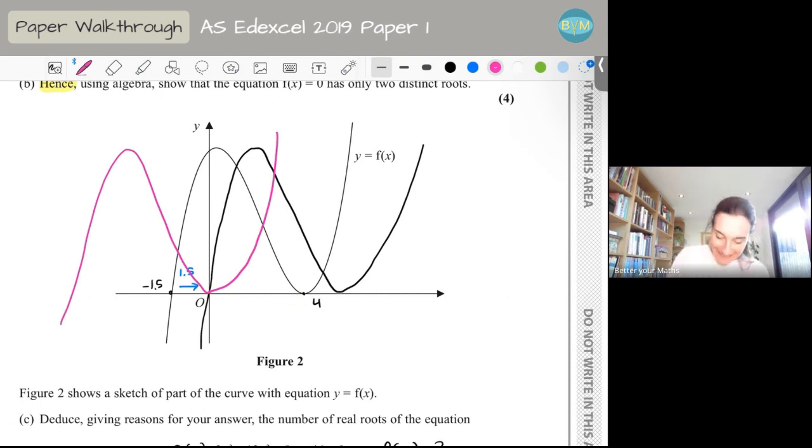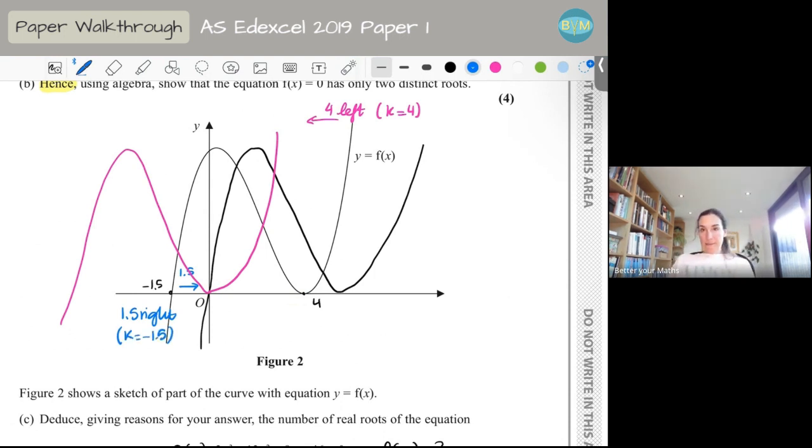So this one is 4 left. 4 left means positive k. So k is 4. When k is 4, I move it left. This other option that was 1.5 right means k is minus 1.5.